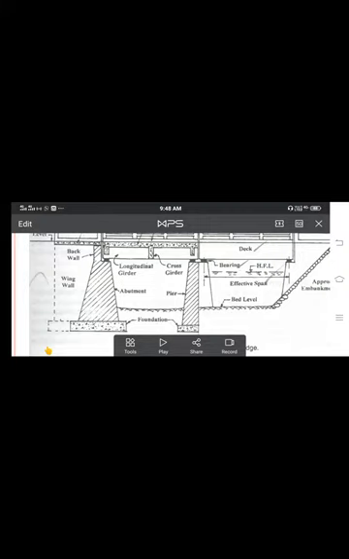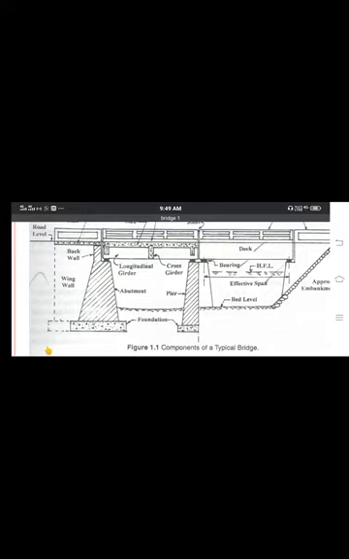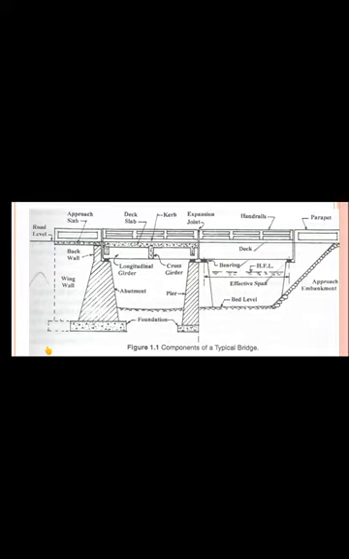Two different spans are going to rest on that pier, and it is in between the bridge. Whereas the abutment is at the adjacent end of the bridge. Only one span is going to rest on the abutment, and the abutment is supported by the wing wall and the lateral earth pressure behind it.